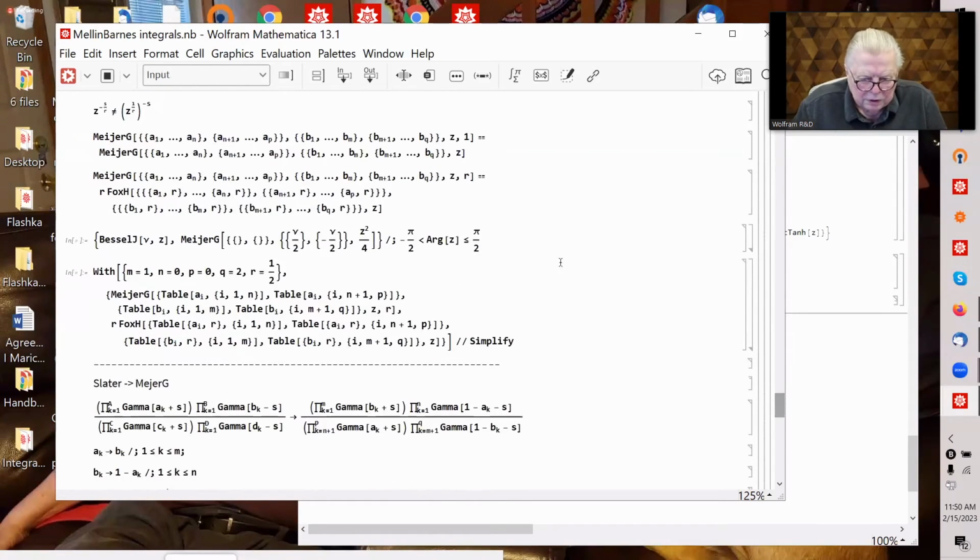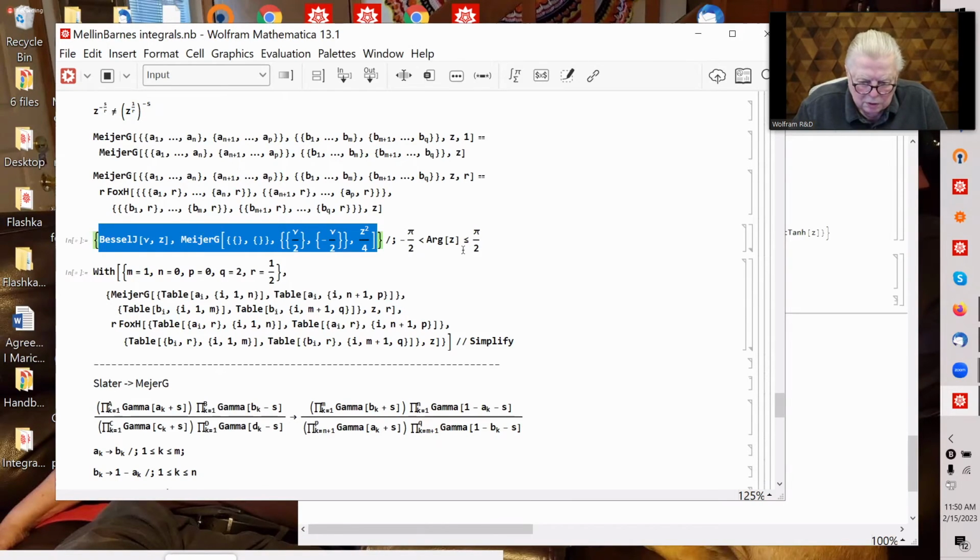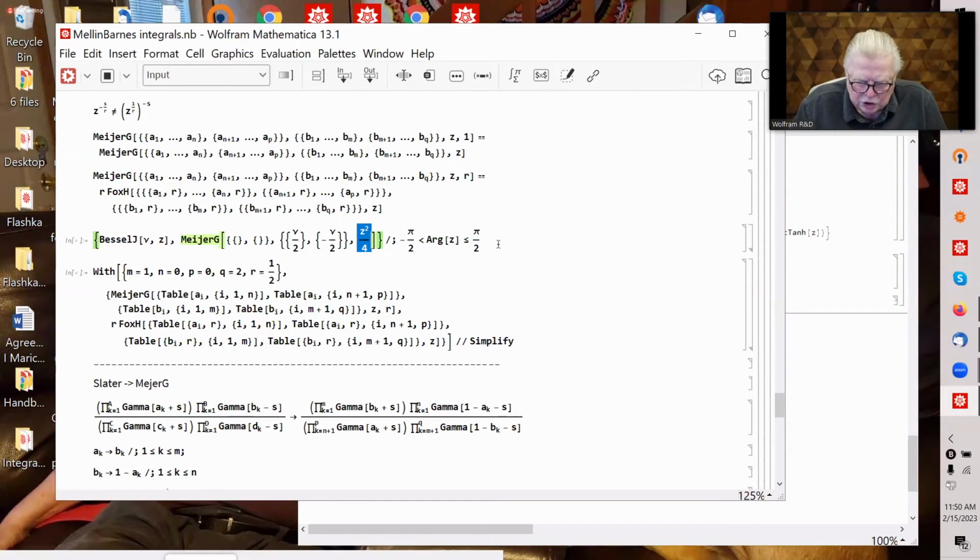Now, trivially, we see, for example, Meijer G. This is example. If usual Meijer G classical, we need restriction to represent Bessel.